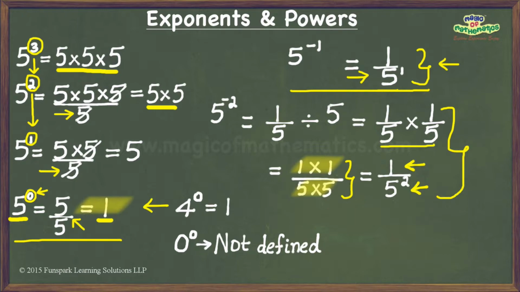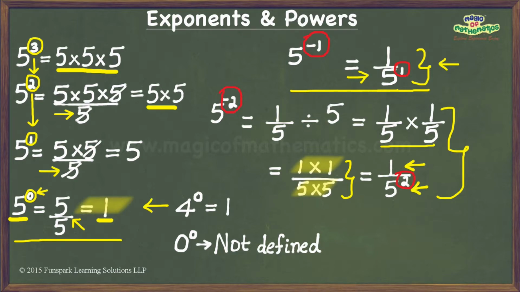Let us now look at what happens when I raise a number to a negative power, or in other words, when my exponent is negative. We can easily see that there is nothing special about the base that we have taken for our example. Instead of 5, we could have taken 4 and used a similar argument. The key thing to note here is the relation between these exponents and these exponents.